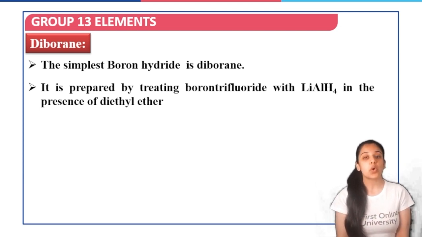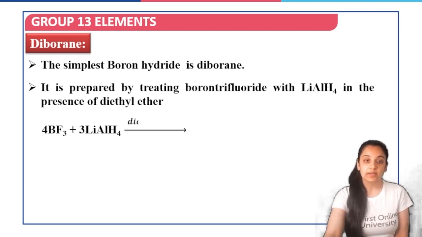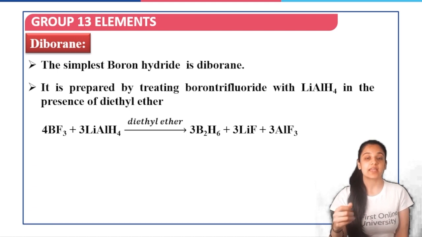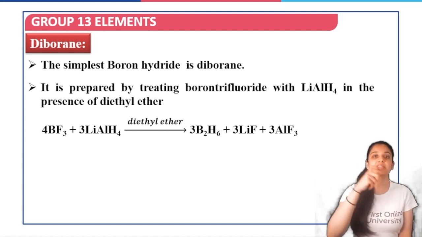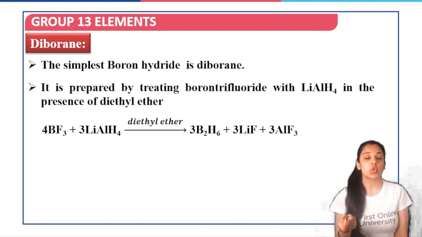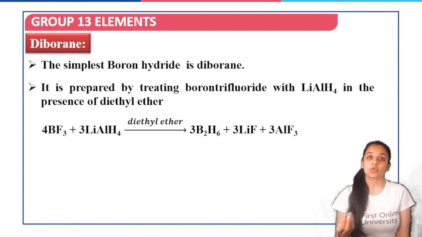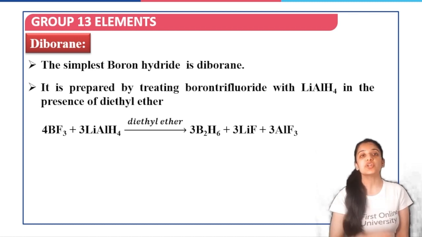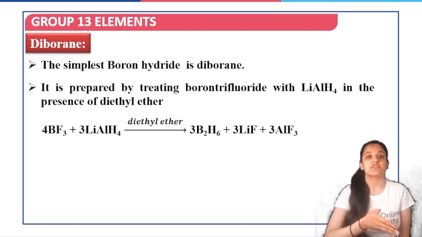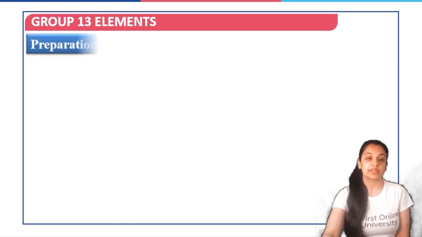So BF3 on treatment with LiAlH4 in the presence of diethyl ether will give B2H6. That means from BF3, F is removed and we get hydrogen or hydride in its place, which is given by lithium aluminum hydride. Therefore, it acts as a reducing agent because it is reducing BF3 by adding hydrogen to it.